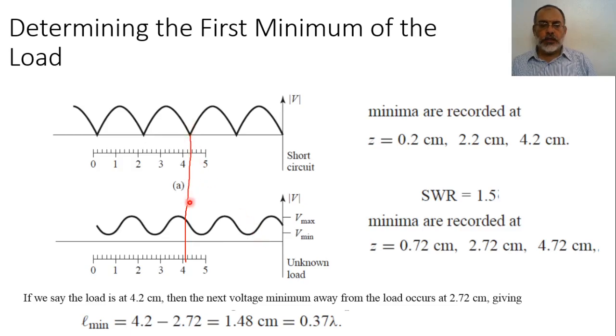This point corresponds to the terminal of the slotted transmission line. Now we look at the distance from this terminal to the first minimum after the terminal, which is located at this point.